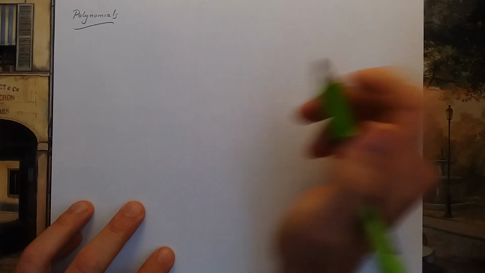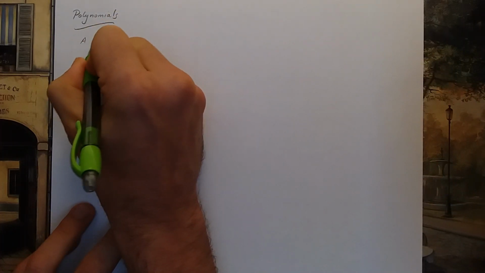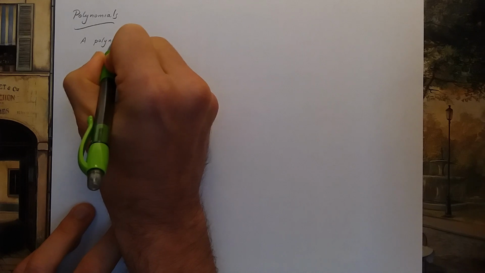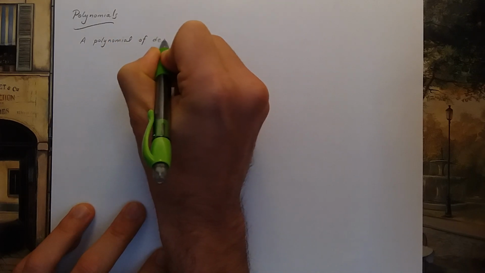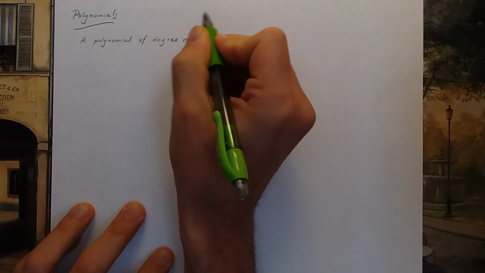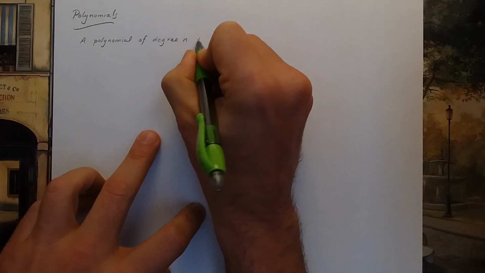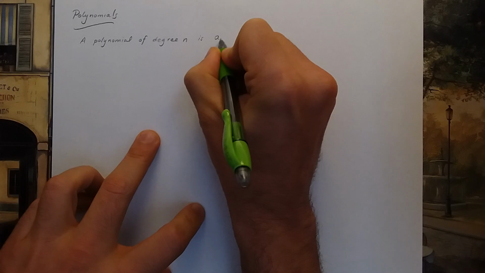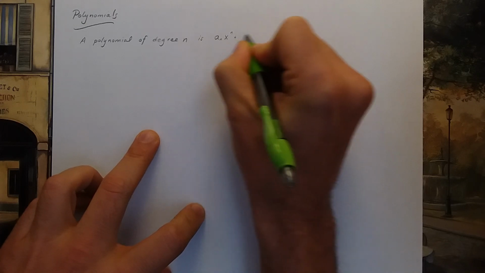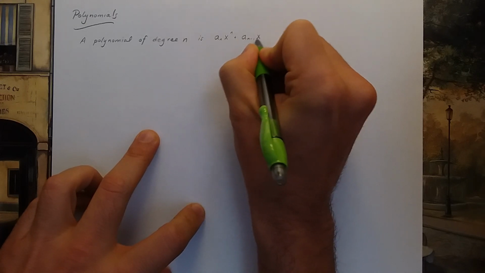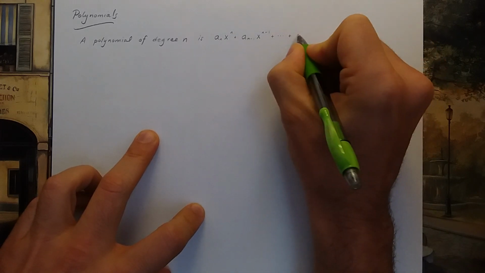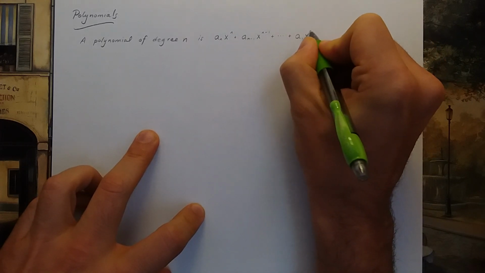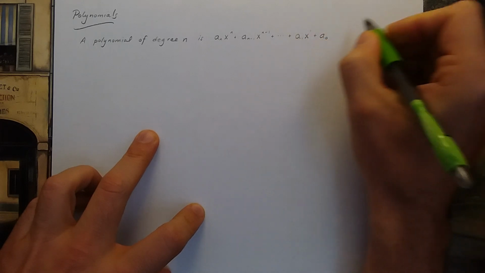This video introduces polynomials. So a polynomial of degree n is something that looks like this: a_n x to the n power plus a_(n-1) x to the n minus 1 power plus a bunch of terms until I get down to a_1 x to the first plus a_0.